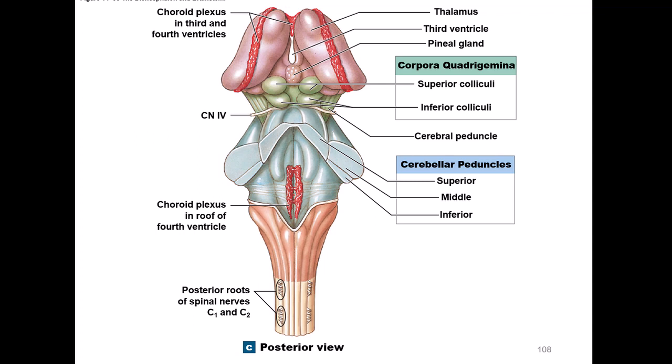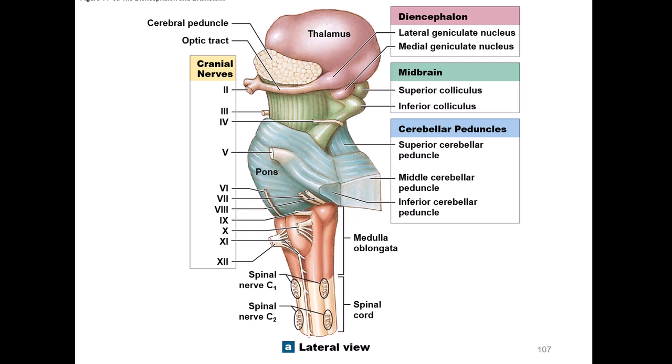So that's visual and auditory. On the front part, we can see a little bit of the colliculi here on the lateral side. On the front part, we have all these fibers that are running up and down, vertically. These are known as the cerebral peduncles. These are anterior, and here you can actually see them cut. These are white fibers that connect the cerebral cortex, the cerebrum, with other parts of the brain.